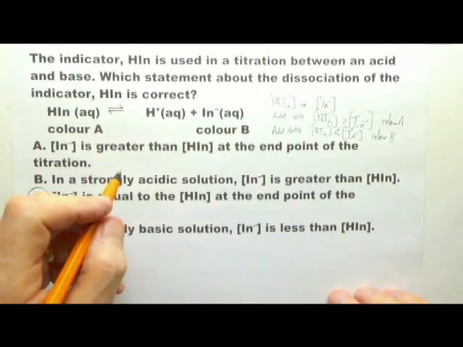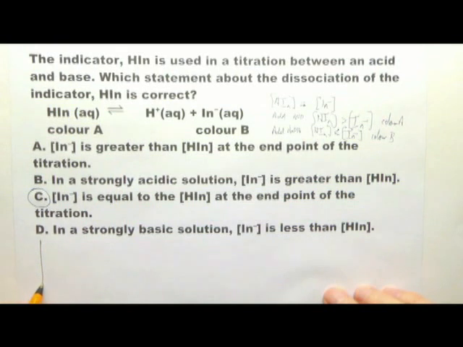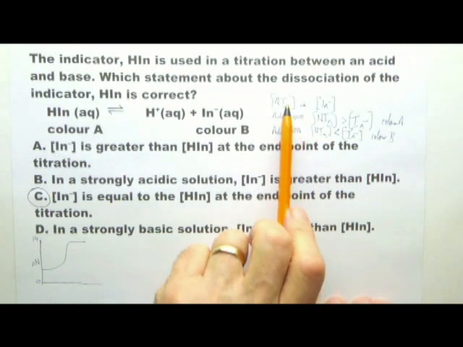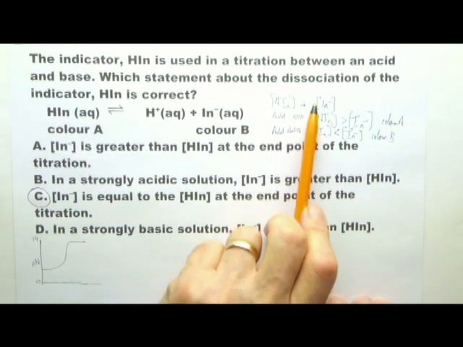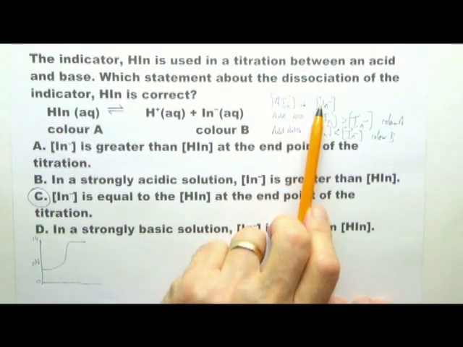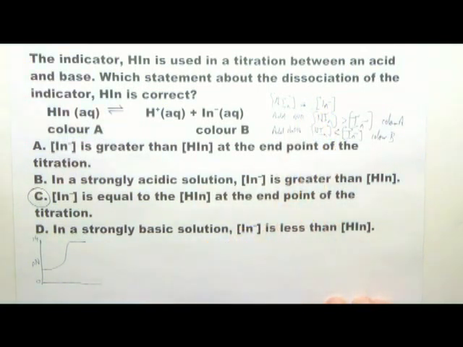Let me show you here. Let's say we have some titration, it doesn't really matter what, that's pH 0 and that's pH 14. And let's say that's a strong one, so it comes down there and it finishes there. If the concentration of HIn and In- are equal at a particular pH, and this will vary from indicator to indicator, it may be in the range where we want it.